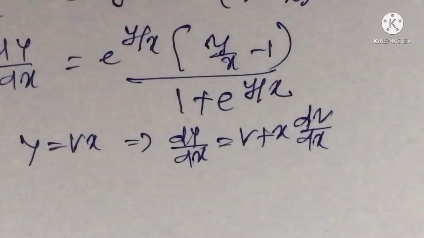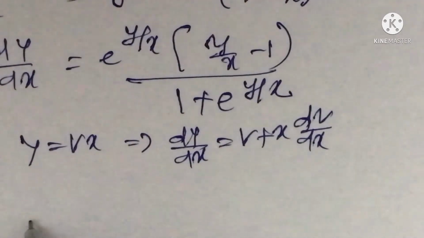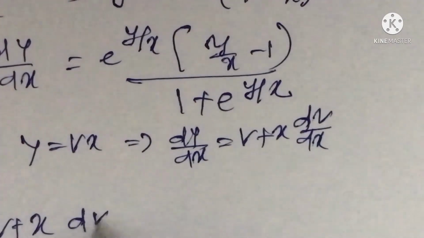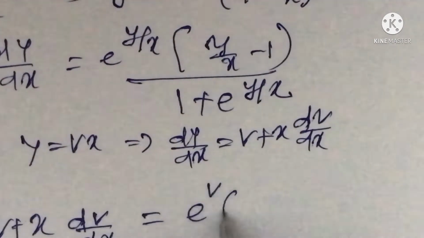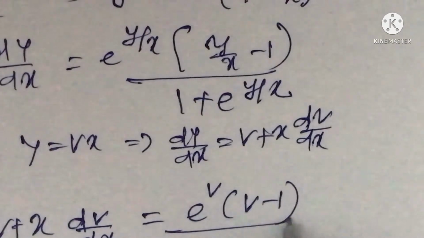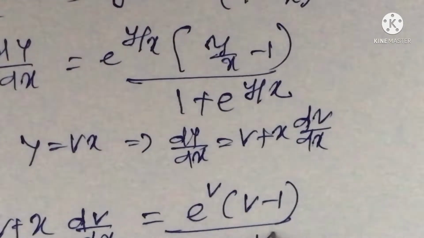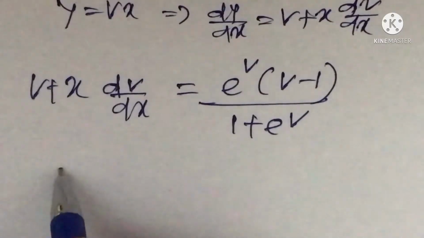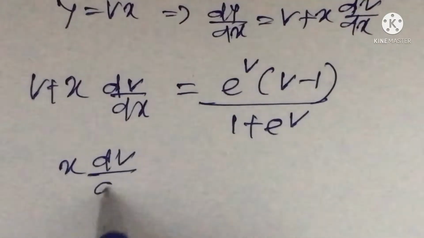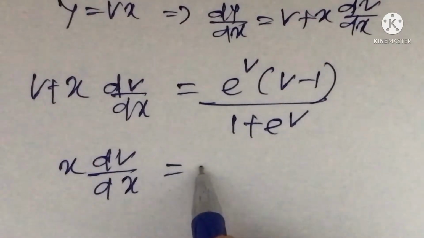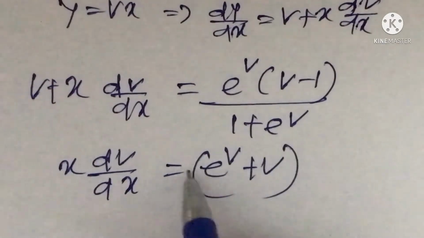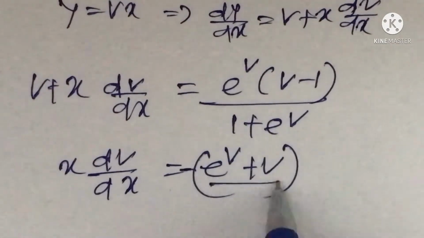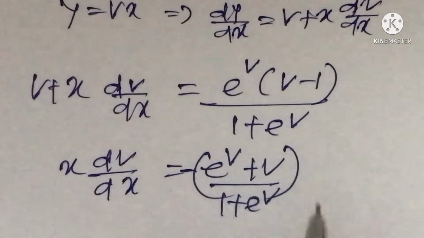On putting y is equal to vx, we get v plus x dv by dx is equal to e to the power v into (v minus 1) by (1 plus e to the power v). Or we can write x dv by dx is equal to minus (v plus e to the power v) by (1 plus e to the power v).